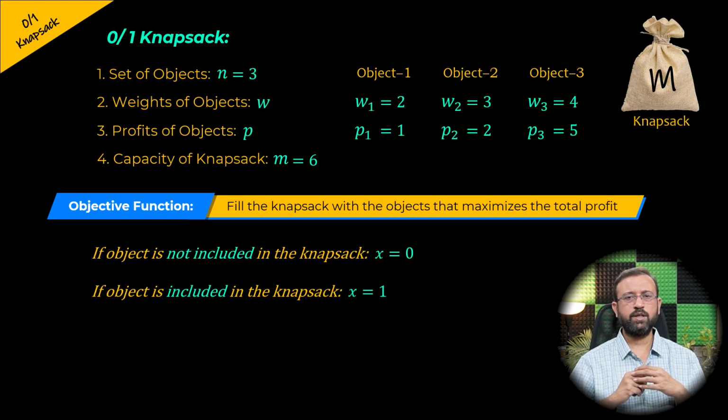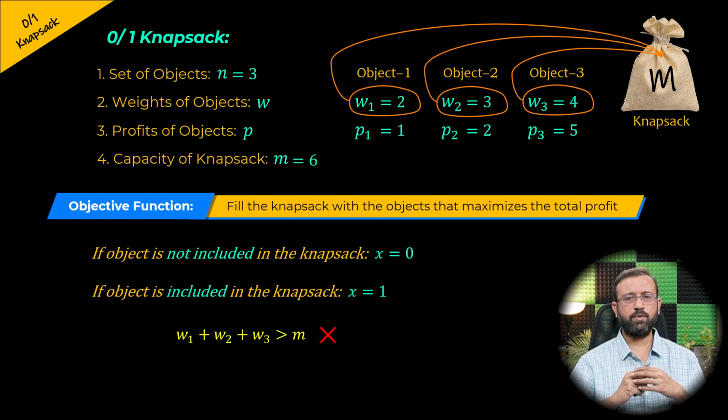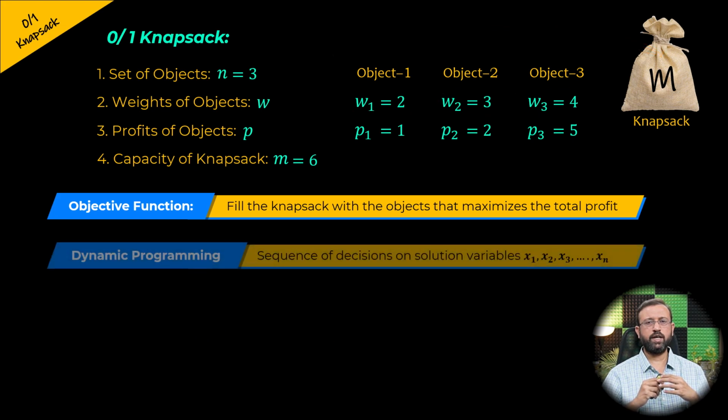To do this, we can fill the knapsack with any of the objects, but the total weight of the objects in the knapsack cannot exceed the capacity of the knapsack. This is the constraint of the knapsack problem. Now using dynamic programming, the solution to the 0-1 knapsack problem can be obtained by making a sequence of decisions on the solution variables x1, x2, so on till xn.